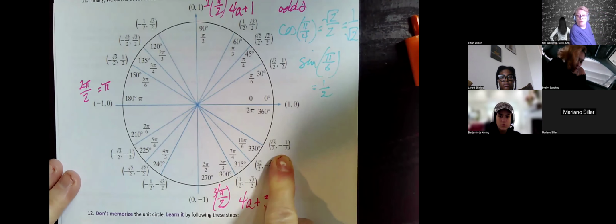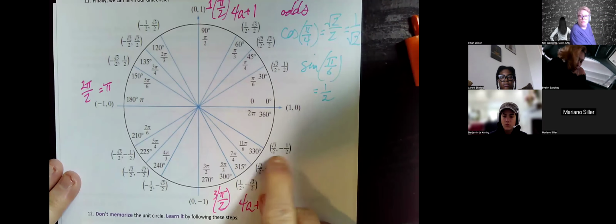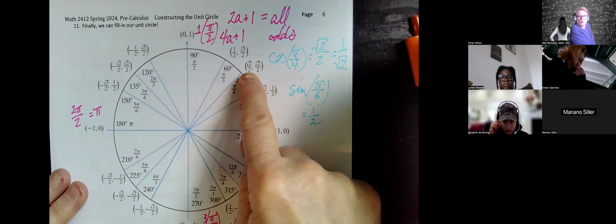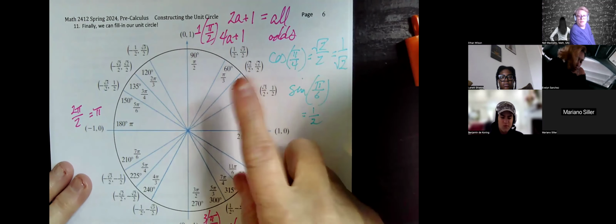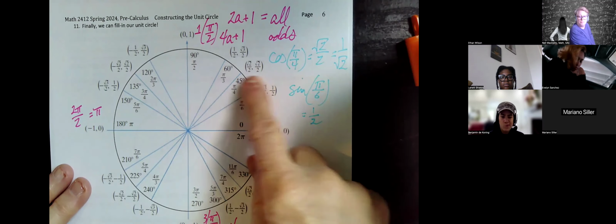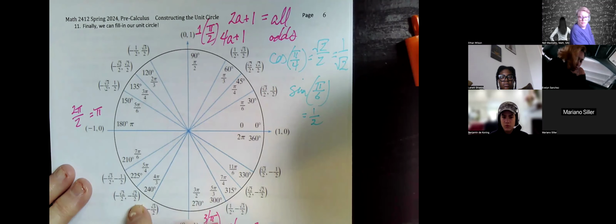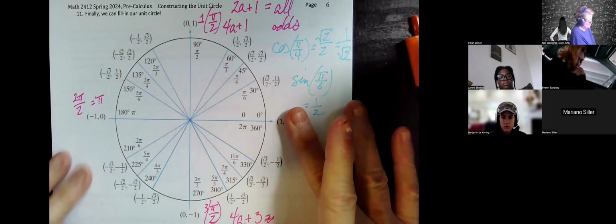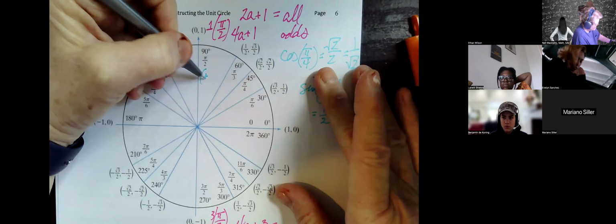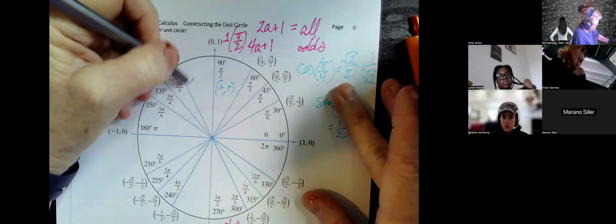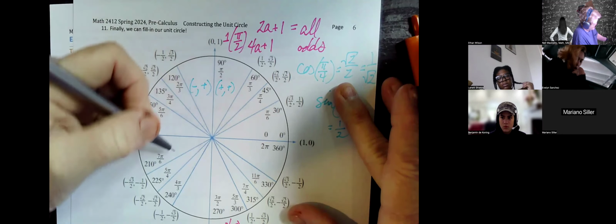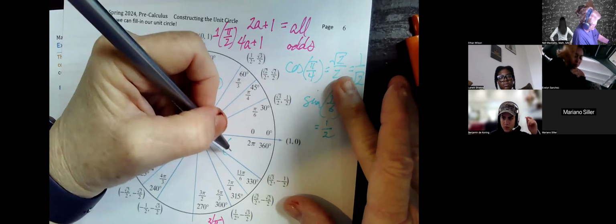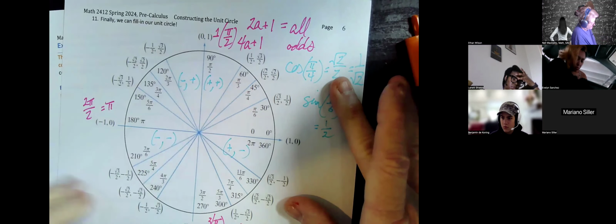And then root 3 over 2, 1/2 when the signs are adjusted for the quadrant. And the same thing with the root 2 over 2 or the 1 over square root of 2. They're always the same with the signs adjusted for the quadrant. And again, the signs are plus plus, minus plus, minus minus, plus minus.